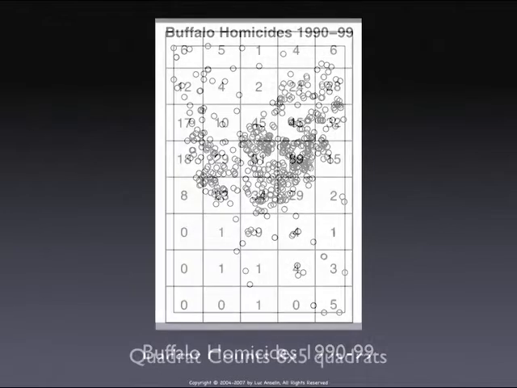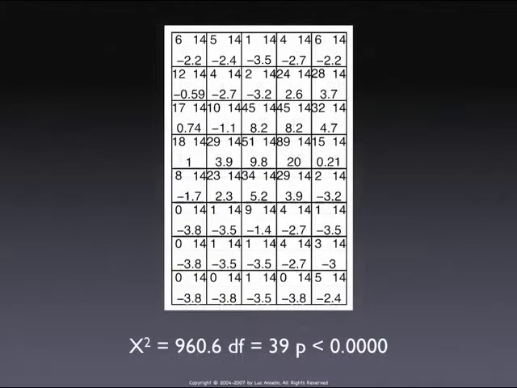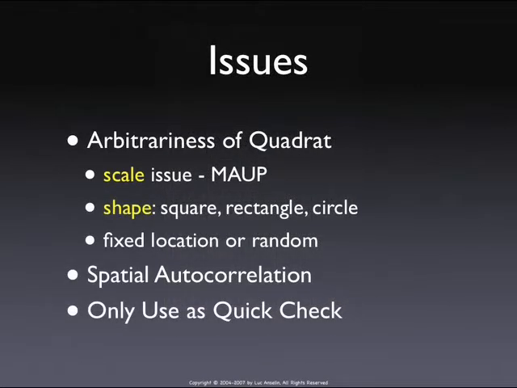So the upshot with quadrat counts is that they're very easy to do. It's a quick and dirty check, but a lot of caution is needed. They're typically misleading. That doesn't mean they're always misleading.